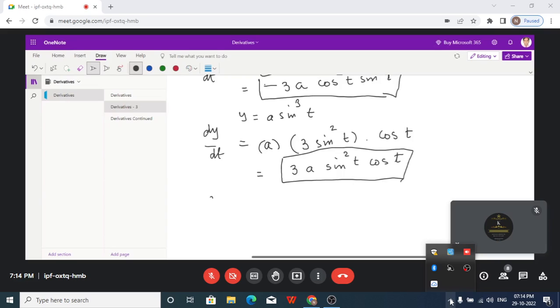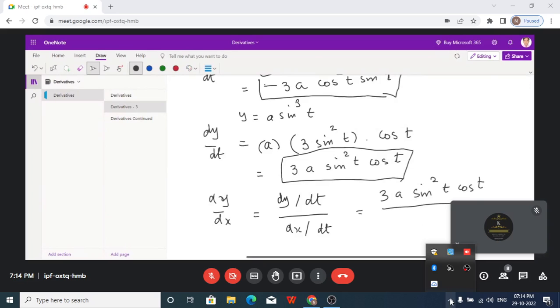So now dy by dx equal to dy by dt divided by dx by dt, equal to 3a sin square t cos t divided by minus 3a cos square t sin t. Sir, minus tan square t into cot t, sir. Okay.